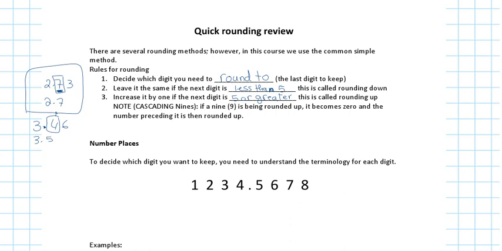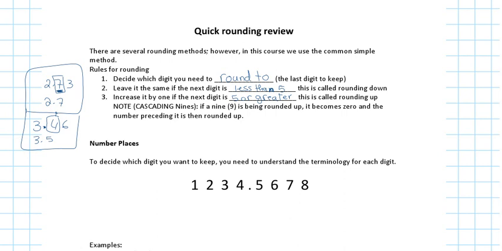Now, we also have the cascading 9s. The cascading 9s is like when you go to the store and they tell you this table costs $99.99. What does that mean? It's $100. This is what we call cascading 9s.